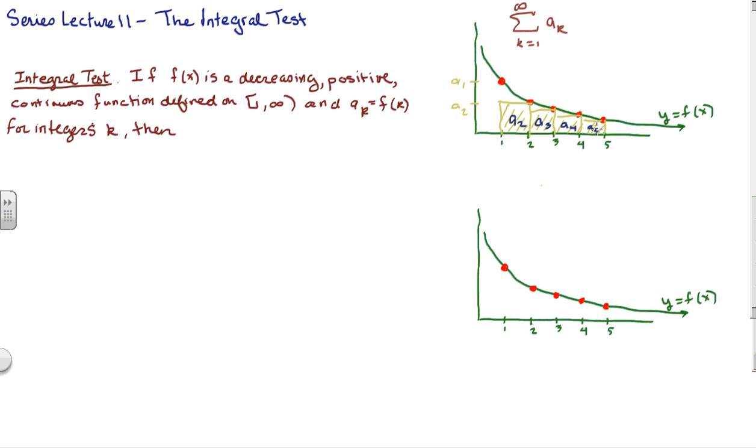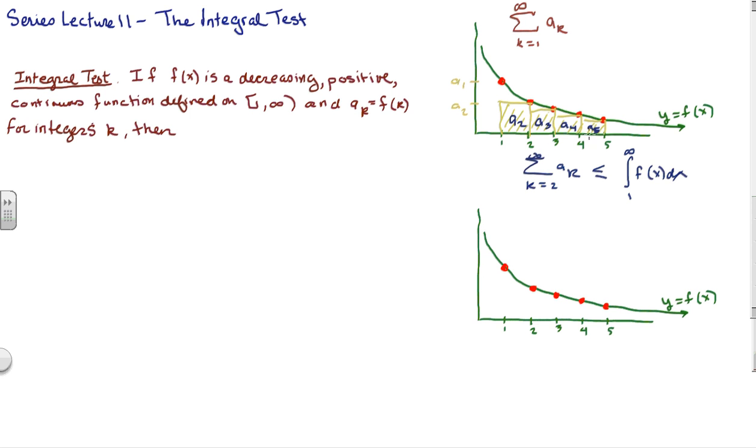So if I were to add up the areas of all of those little rectangles, I would end up with the sum k equals 2 to infinity of ak. But if you notice, that's going to be less than, in fact, less than the integral from 1 to infinity of f of x dx, right? Because it's completely below the function f of x.